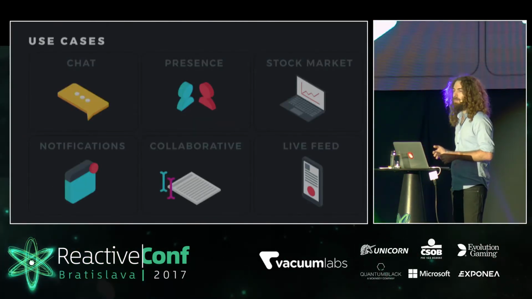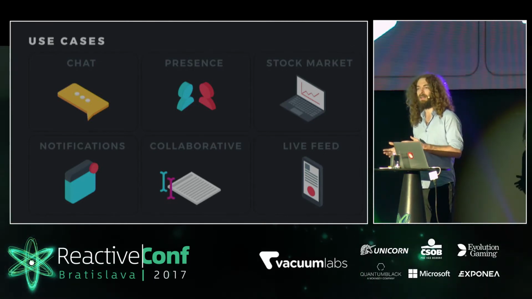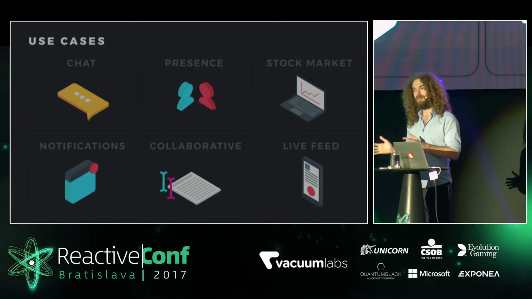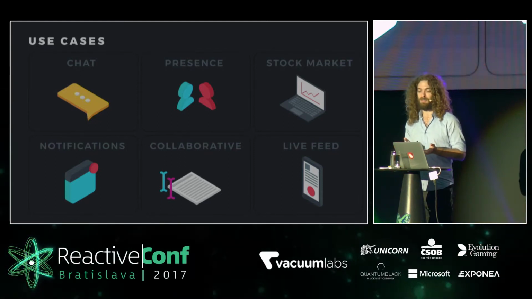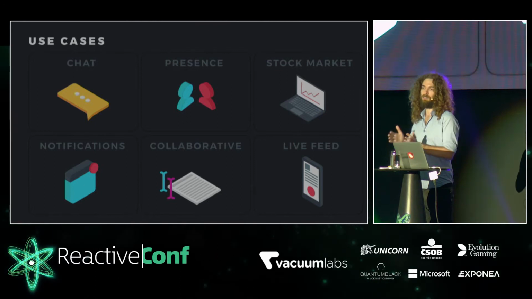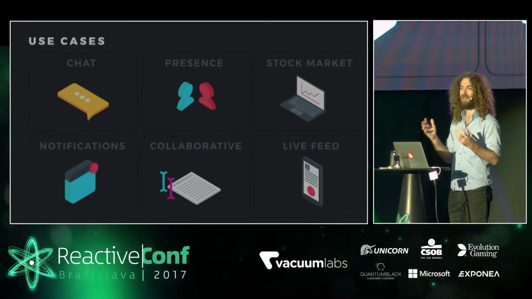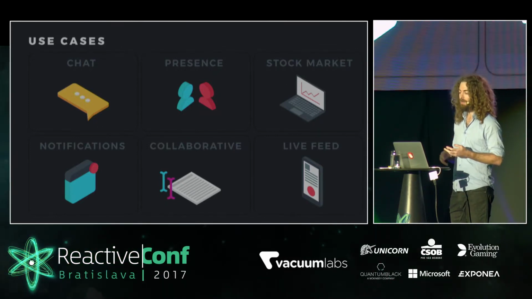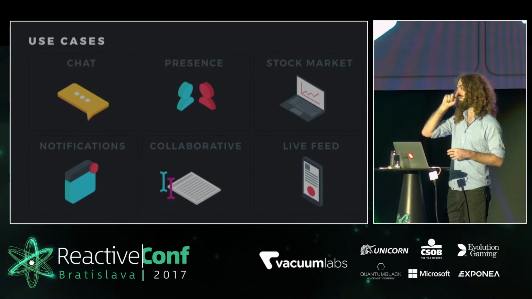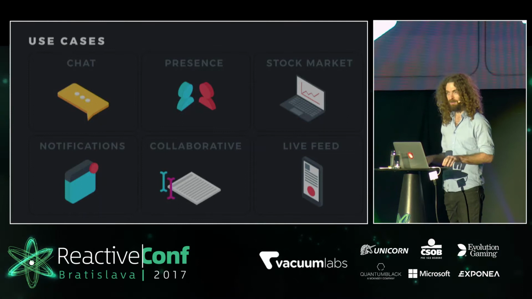And when we talk about real-time, I think we should distinguish what real-time actually is. There are many types of real-time implementations that fit each different use case. It can be a chat. It can be just presence, like whether the user is online or offline. It can be graphs for stock markets, and many other use cases.